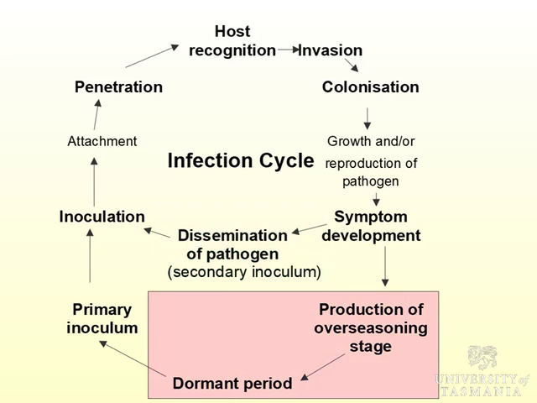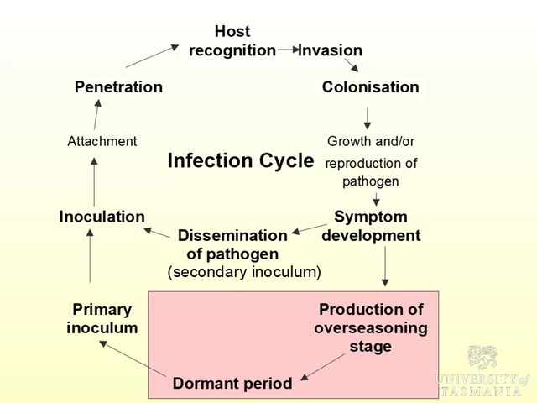Eventually, as the crop gets old, the crop dies, you're going to harvest it and get rid of it. The pathogen has to work out how to survive between crops. So it usually over-seasons, rather than over-winters, because sometimes it needs to survive over a summer period rather than a winter period.